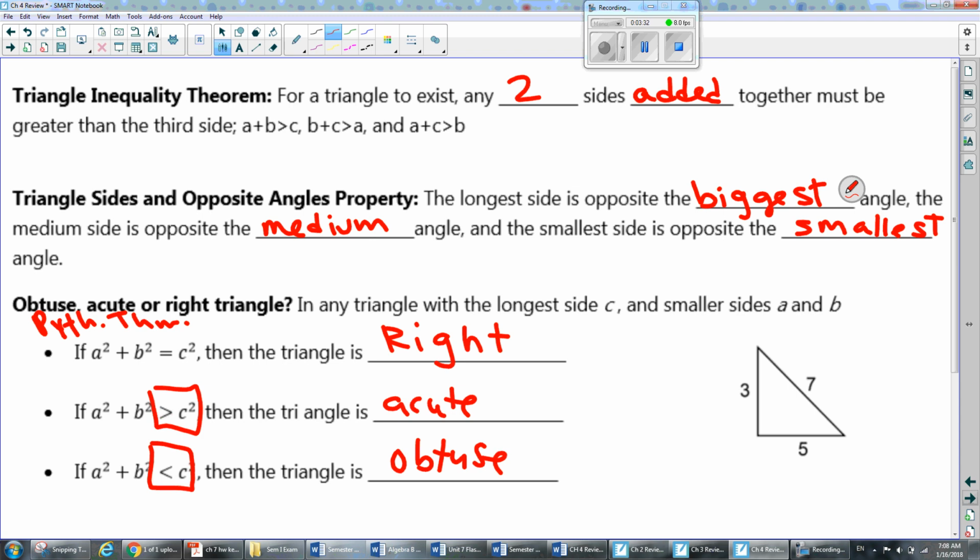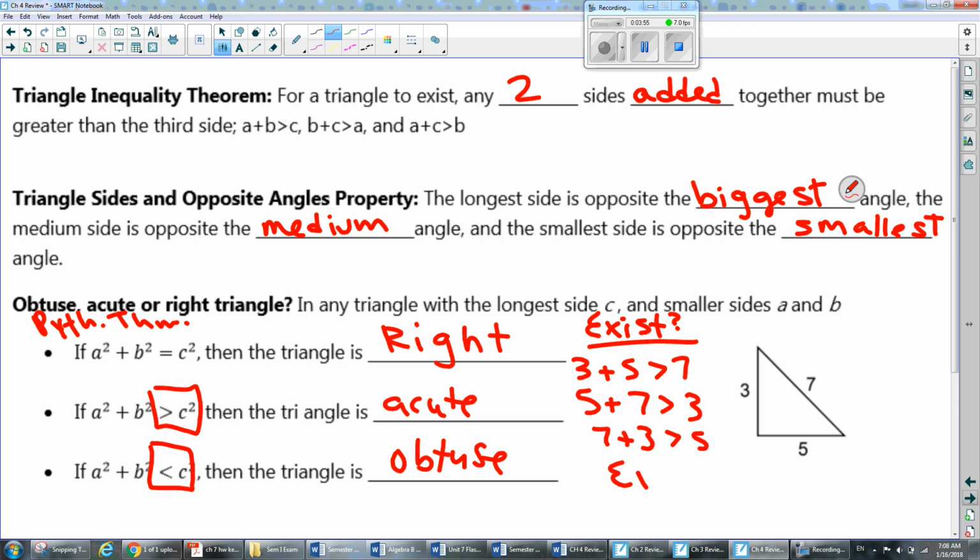So when we look at this triangle here, we're trying to figure out, does it exist? To test that, you have to add up the sides. Is 3 plus 5 bigger than 7? Yes. Is 5 plus 7 greater than 3? Yes. Is 7 plus 3 greater than 5? So this is true, so it exists.